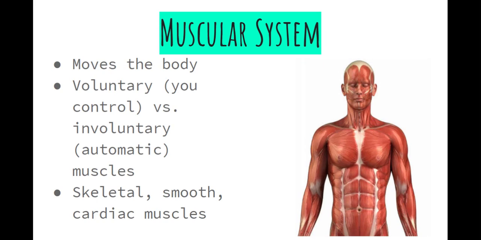So, for example, you don't have to think about causing your heart to beat. It just does that automatically. And you have three types of muscles. You have skeletal muscles, you have smooth muscles, and you have cardiac muscles. So skeletal muscles, that's going to be like your bones and things like that. Your smooth muscles are going to be a lot of your organs, like your intestines and your stomach. Your cardiac muscle, that is your heart.